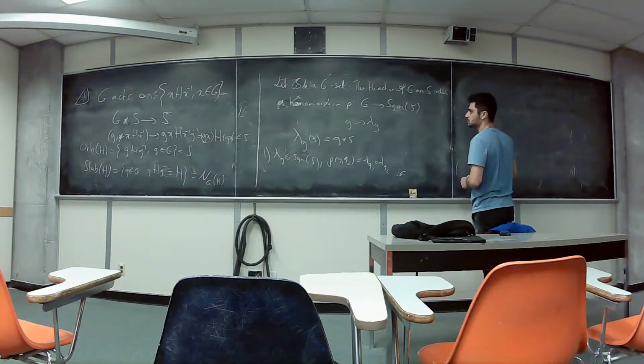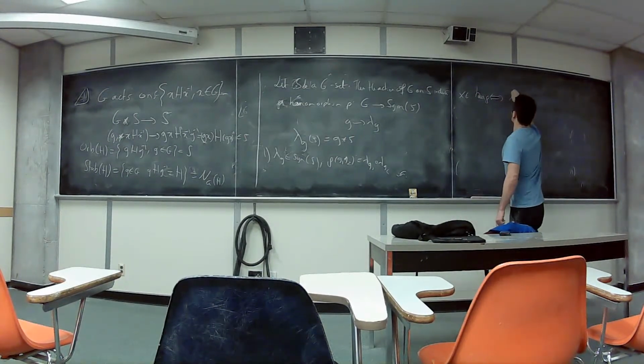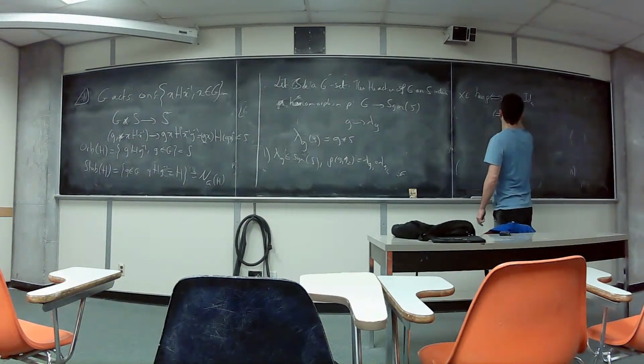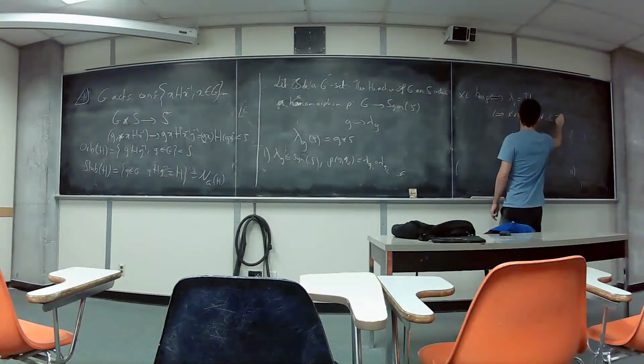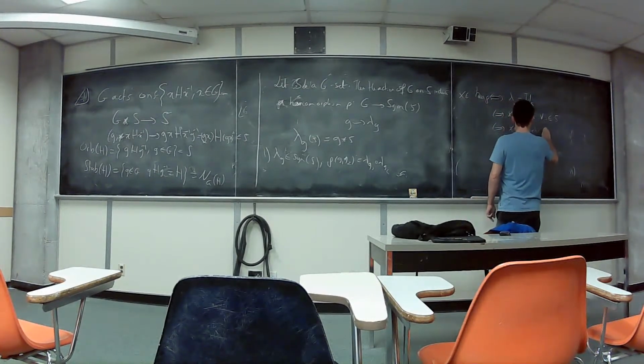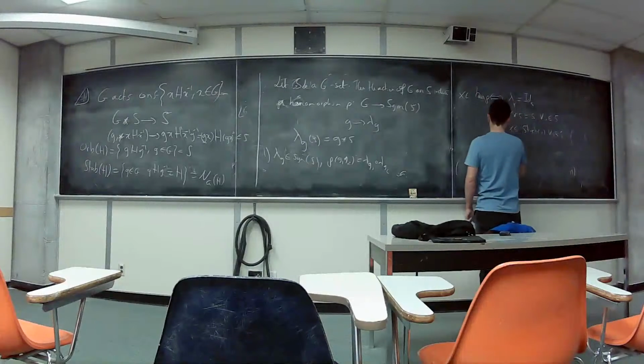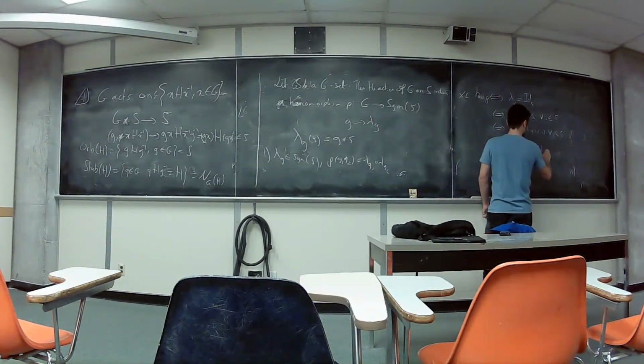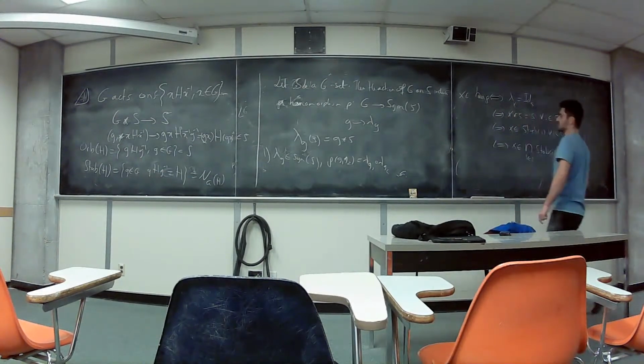So the kernel of rho. x belongs to the kernel of rho if and only if lambda x is the identity on S, if and only if, what does the identity on S mean? x star s is equal to s for all s in S, if and only if x belongs to Stab s for all s in S, if and only if x belongs to the intersection over s in S of Stab s, right?